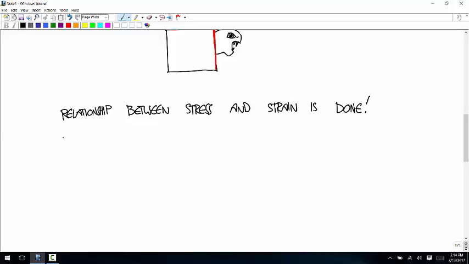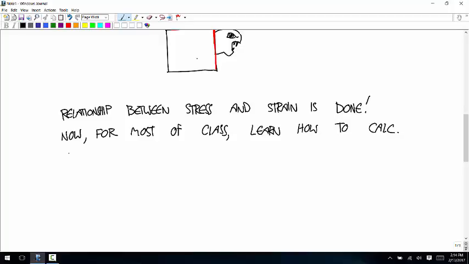Okay, so now for most of the class, we're going to learn how to calculate the stress at individual points given external loads.